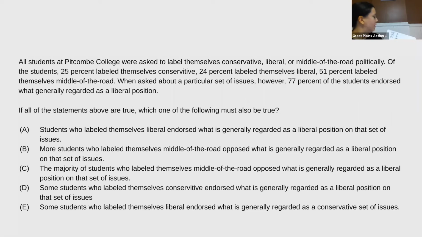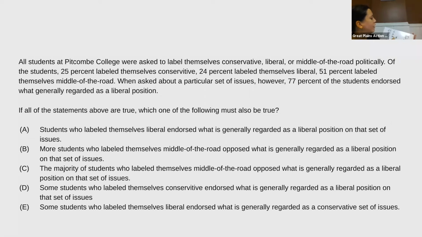So let's look at the numbers and math a bit. We can operate under the assumption that all the liberal people are... I'll come back to what I was going to say. Let's assume all the liberal people endorse that liberal position, and let's assume that all the middle of the road people endorse it.